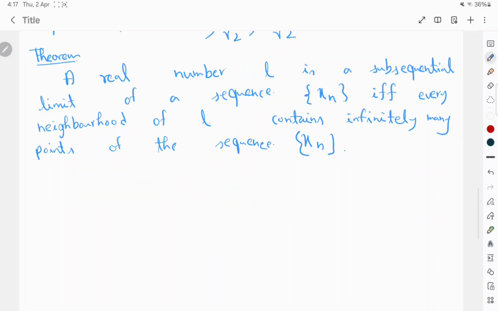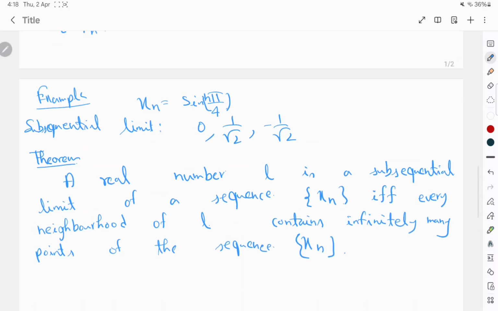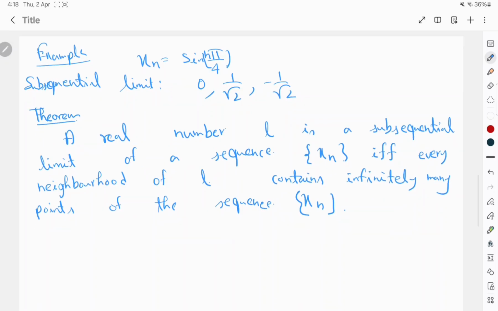So basically a number is said to be a subsequential limit if any neighborhood of it contains infinitely many elements. For example, if I consider the earlier example, sine, how many elements are in your main sequence? Obviously infinite, n varies from 1 to infinity, right? So now we can say 0 will be a subsequential limit: if you consider any neighborhood around this 0, that neighborhood contains infinitely many elements of the main sequence.